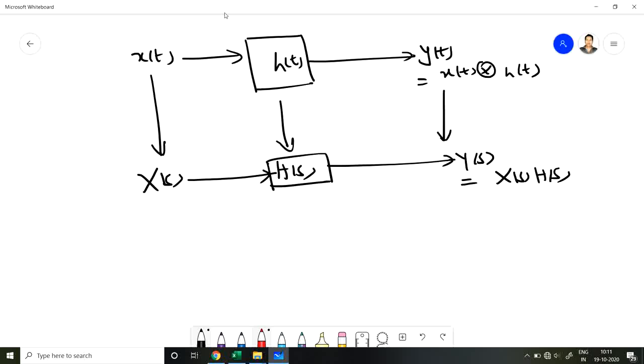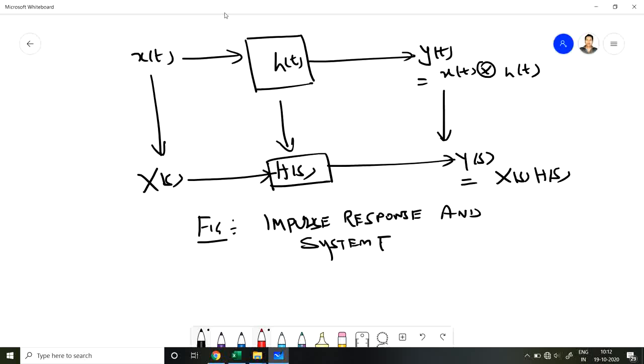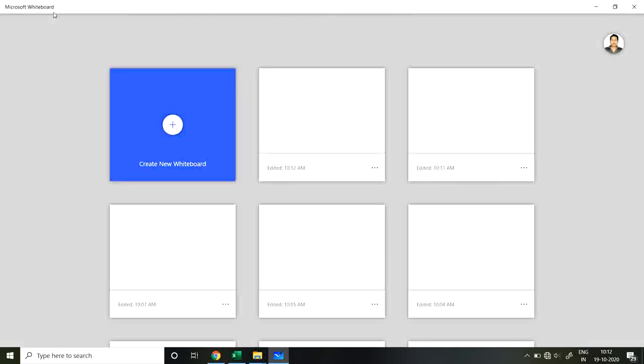So this figure shows the impulse response and system function.